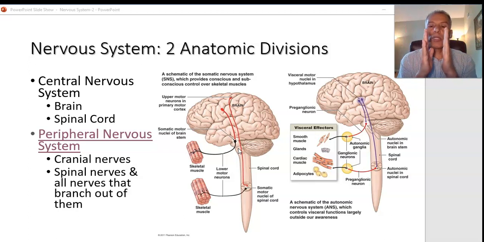So you have 12 cranial nerves on one side, 12 cranial nerves on the other side. We call these the 12 cranial nerves, even though there are 24 of them. However, if you study the right side, it is the same as studying the left side.